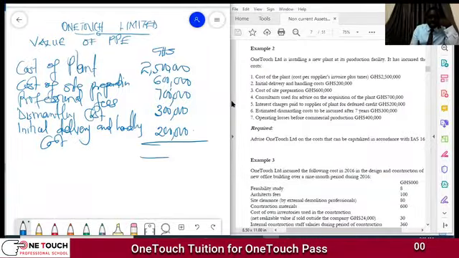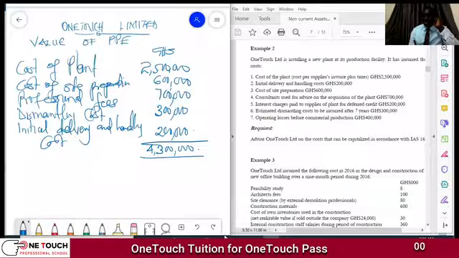So let's add up. So you have 2.5 plus 600,000 plus 700,000 plus 300 plus 200. That gives us 4.3 million. So that amount that One Touch should capitalize as the value of PPE in line with IAS 16 should be what? 4.3 million.